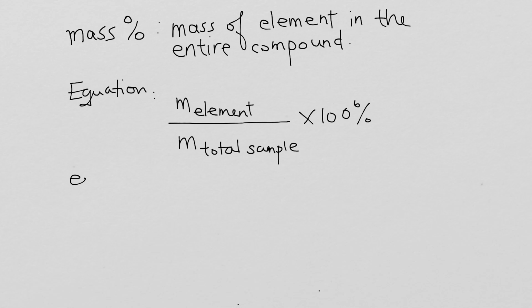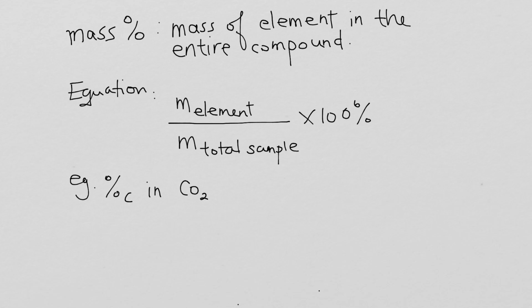So for example, if you're interested in the percent composition of carbon in CO2, one way of doing that is to say, what if I have a mole of carbon dioxide?